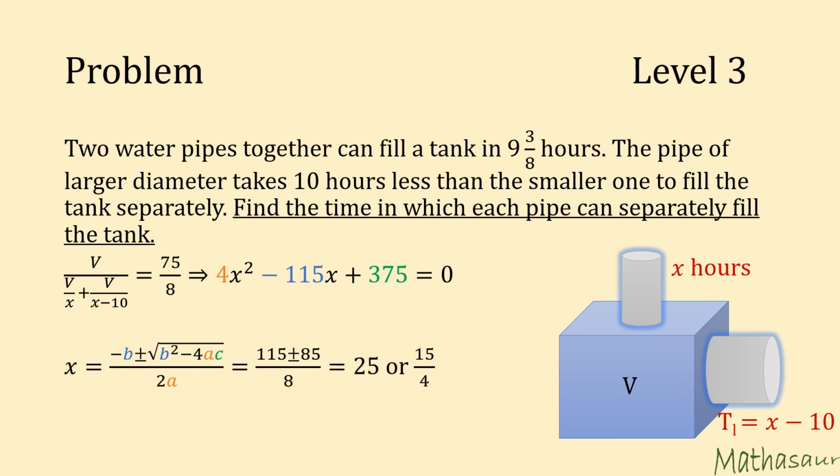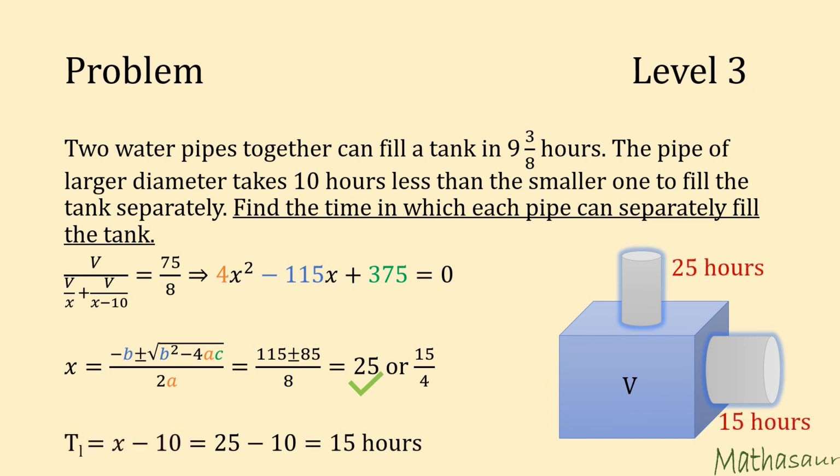We get X as 25 or 15 by 4. Now to find out the time taken by larger pipe, we have to subtract 10 from X. Now only X equal to 25 would give a positive value for TL. So the smaller pipe takes 25 hours and the larger pipe takes 15 hours.